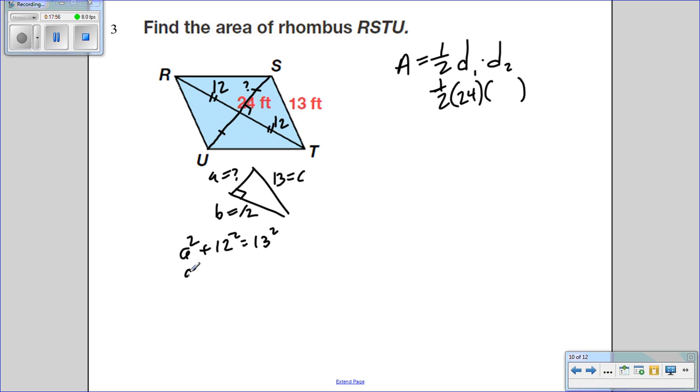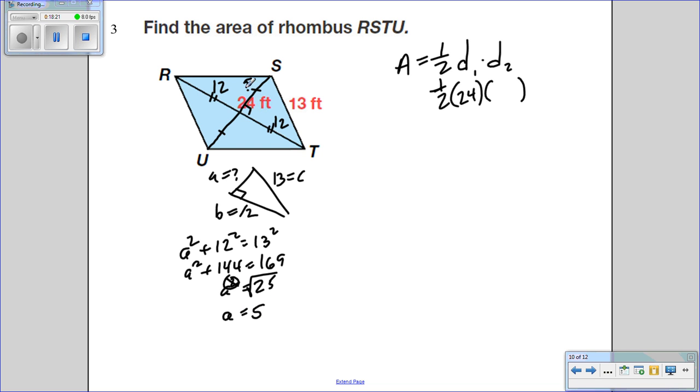Let's square these numbers here. That'd be 144 equals 169. I want to subtract 144 from 169. And that gives me 25. That's 25 equals a squared. And then I'm going to take the square root, so a equals the square root of 25, which is 5.